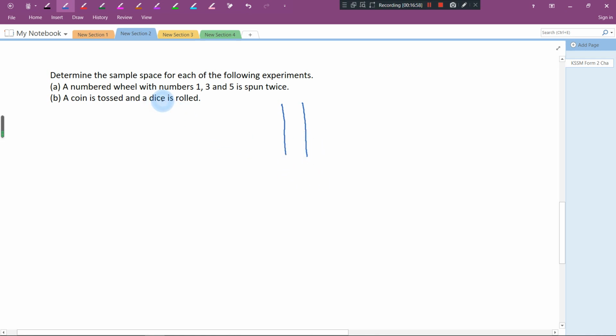When we roll a dice, there are 6 possibilities, 1 until 6. So we draw 6 lines, but this time horizontally. 1, 2, 3, 4, 5. Add one more line over here. 6. Now this is for the coin, head or tails, and this is for the dice. 1, 2, 3, 4, 5, 6.